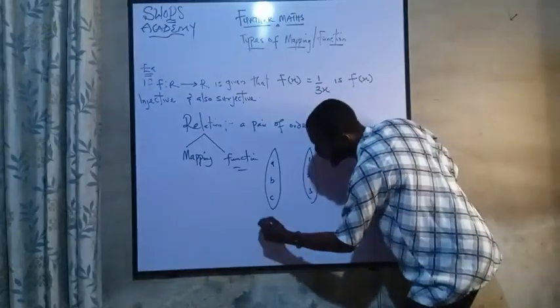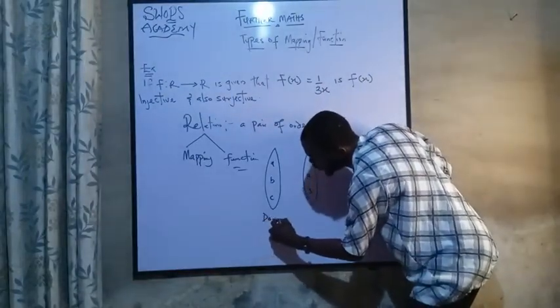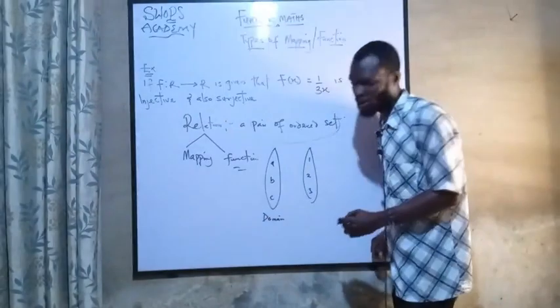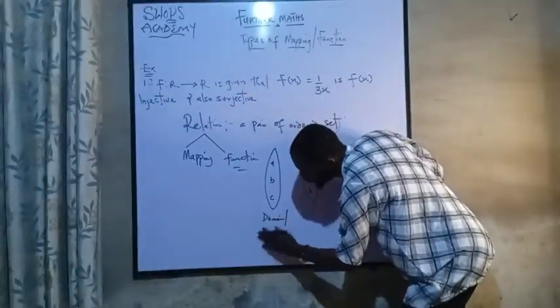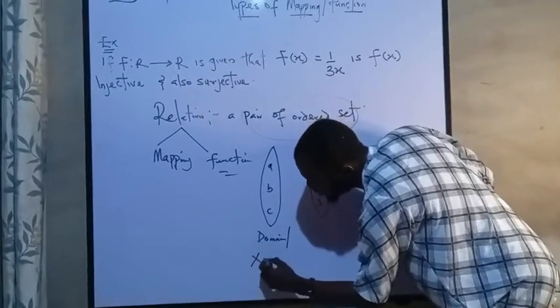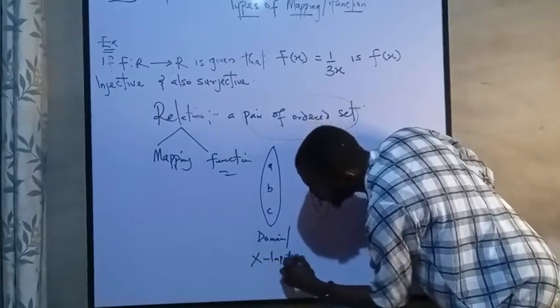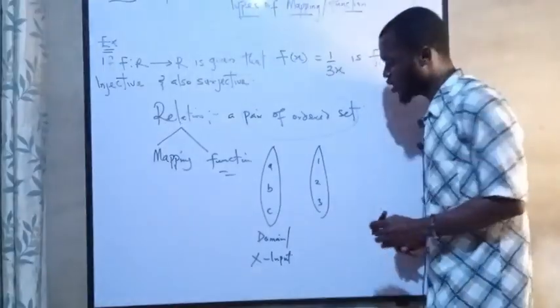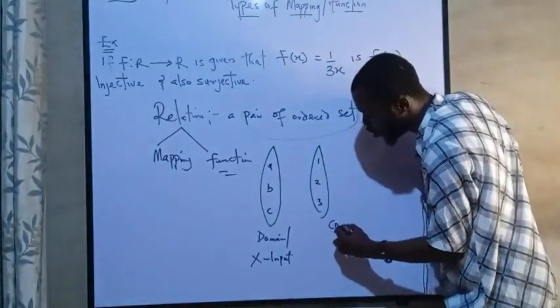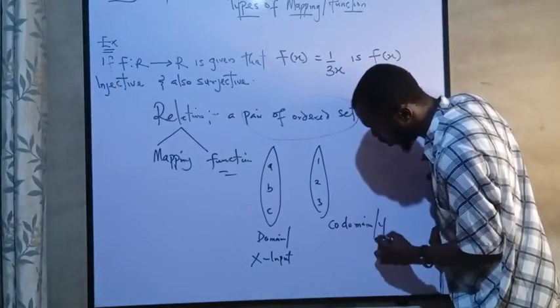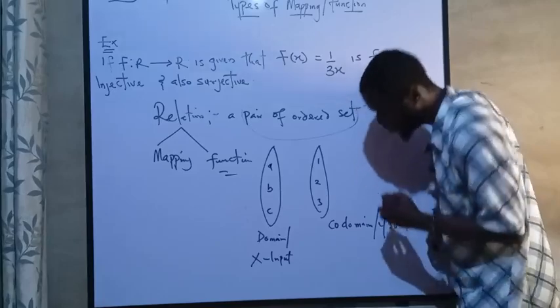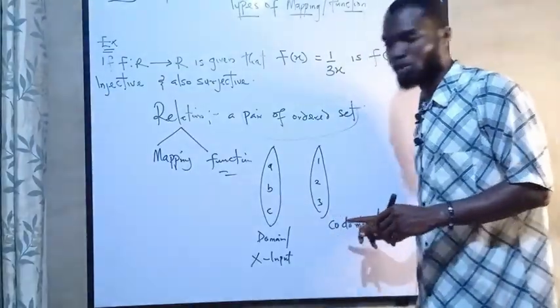This first one, we call it domain, or you call it X, the input, or X value. This other one, we call it codomain, and we also call it Y, the output. That is what we call it.